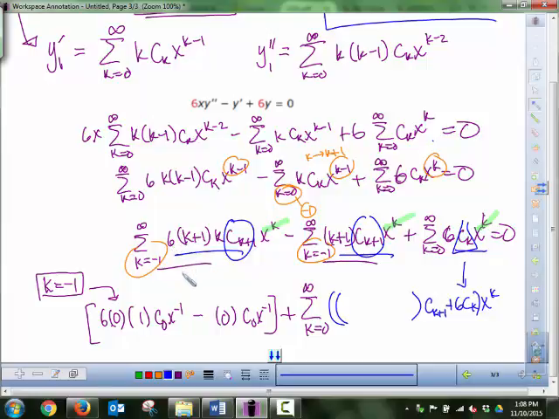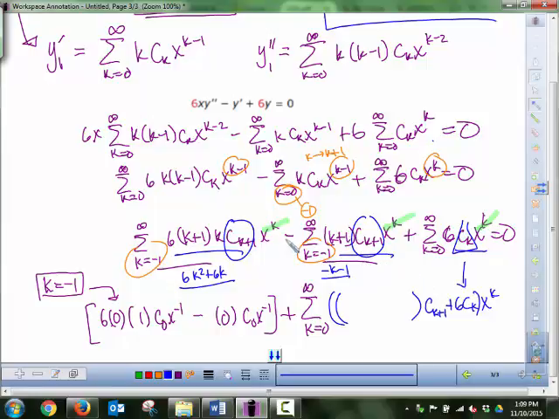So let's see, what do I have here? I have 6k squared plus 6k. Is that right for the first one? And then c sub k plus 1 factored out. For the second one, I have a negative k minus 1. Is that right?